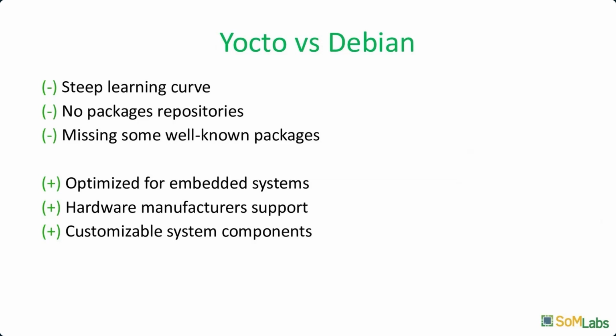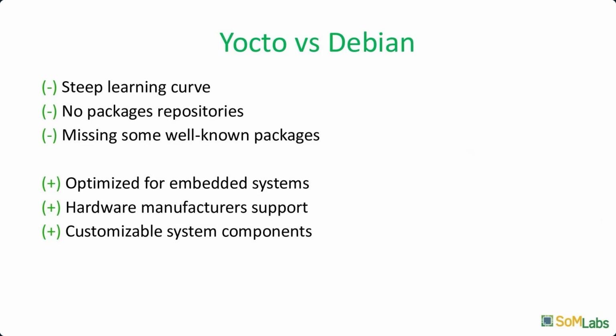So if we take a look at this comparison, of course, there are some disadvantages of using Yocto because it may seem complicated at first look because you need to learn a lot of tools, project structure, the code of implementing recipes to create the particular software components, etc.